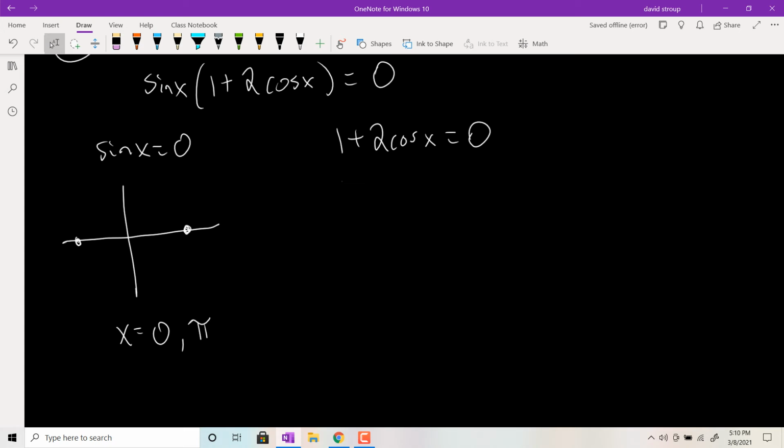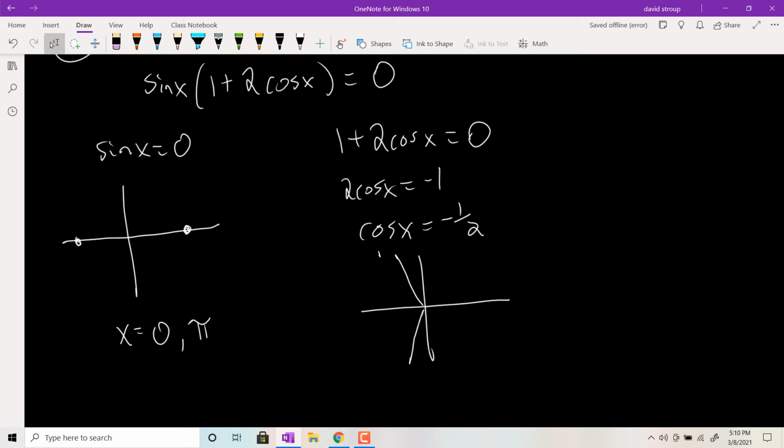How about this other one? We have 2 cosine x equals negative 1, so cosine x equals negative 1/2. The reference angle for cosine x equals 1/2 would be pi over 3. Cosine is negative in the second and third quadrants, so we have 2 pi over 3, and then 4 pi over 3.